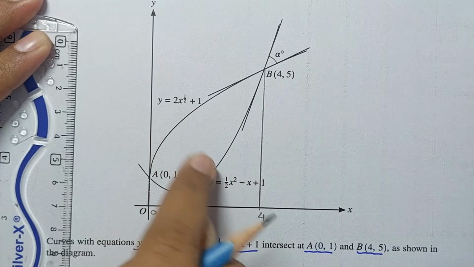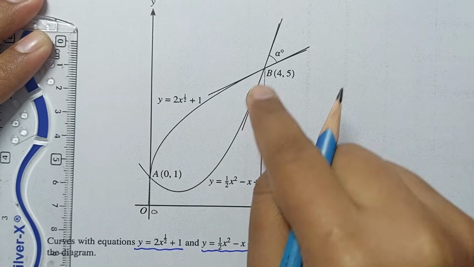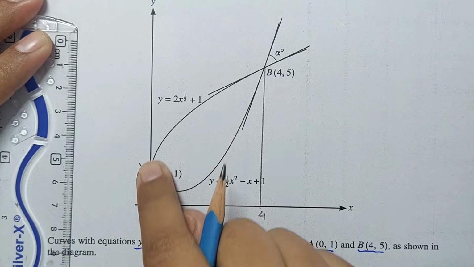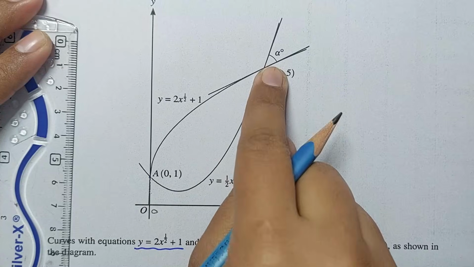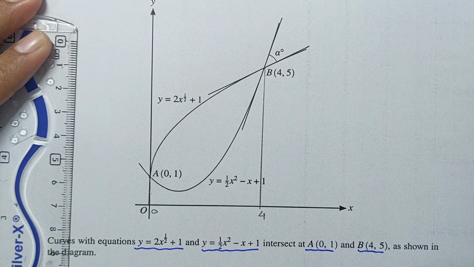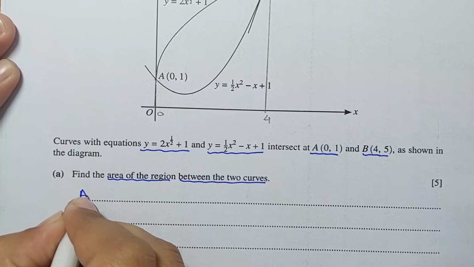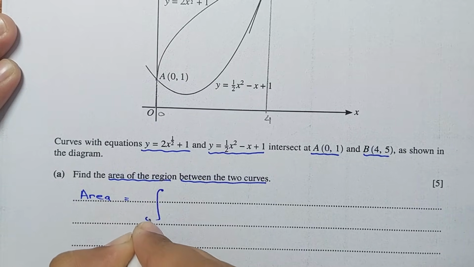Okay, so area between the two curves. This is a top curve and this is a bottom curve. Area between the two curves is integration of the top curve from 0 to 4, subtract the integration of the bottom curve from 0 to 4. Okay, let me write down the area between the two curves in integration from 0 to 4.